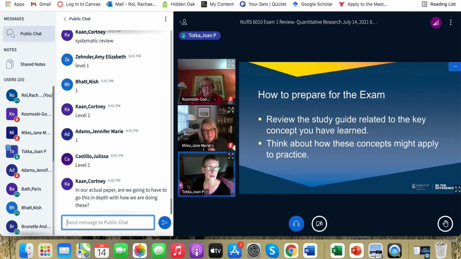So in your paper, as far as the evidence tables, the reason that you're writing evidence tables is actually to write your paper. Think of it as where you're holding facts for writing your paper. At the very least, you would know what the design of your study was and what level of evidence you had.